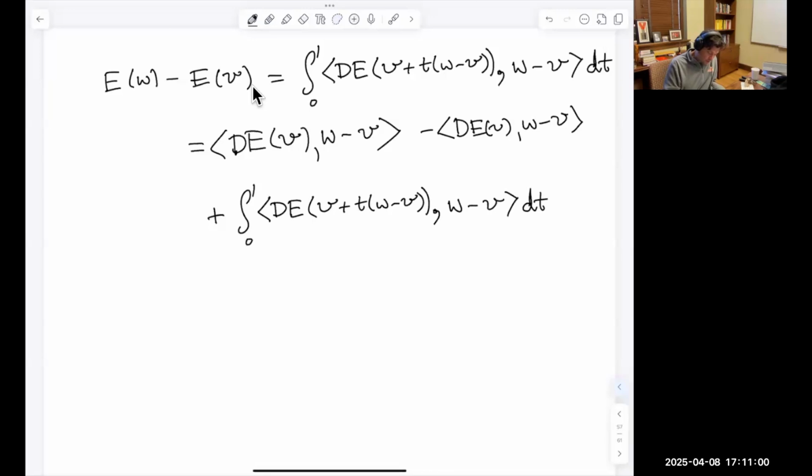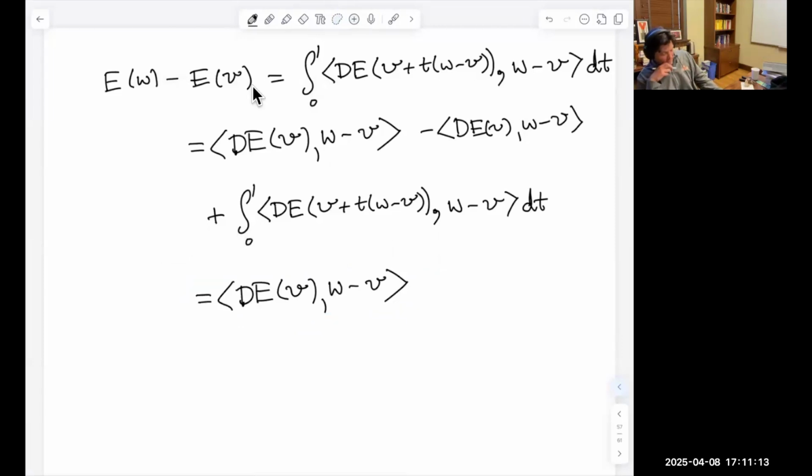All right, now I'm going to keep that part, but I'm going to rewrite my integral. Now, when I do that, I can combine that directly in here because this is going to be a linear functional acting on the same object.